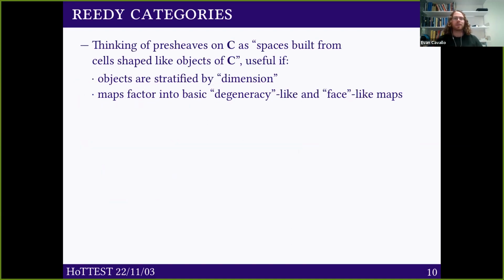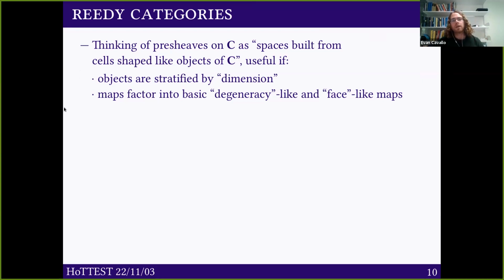So let me give you a quick, sketch introduction to Reedy categories. And this is Reedy categories from a particular perspective of what we're trying to do. There's lots of other things you can do with them. But if we're thinking of presheaves on some base category C as spaces built from cells that are shaped like the objects of C, so built out of cubes or built out of simplices or whatever, it's useful if two things are satisfied.